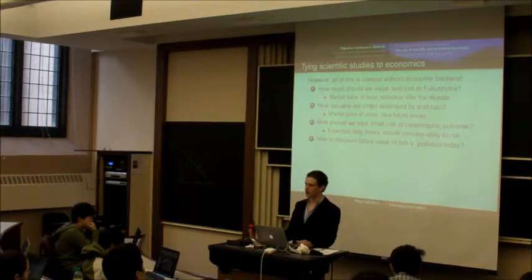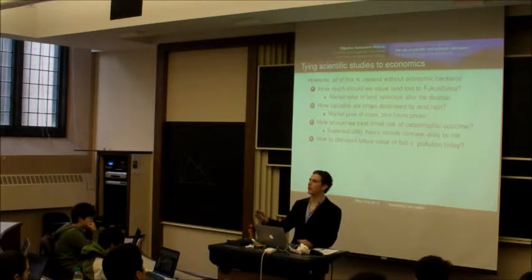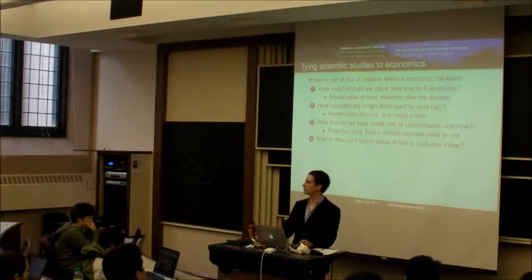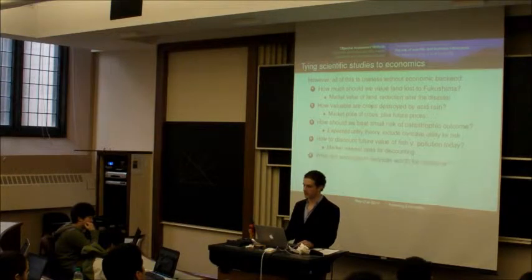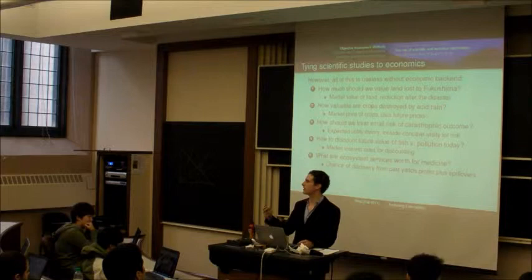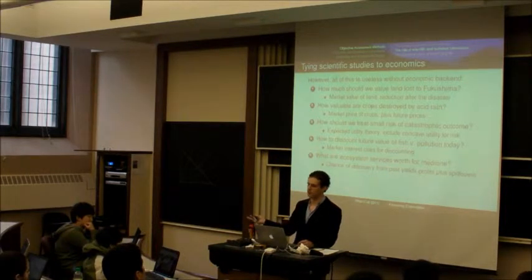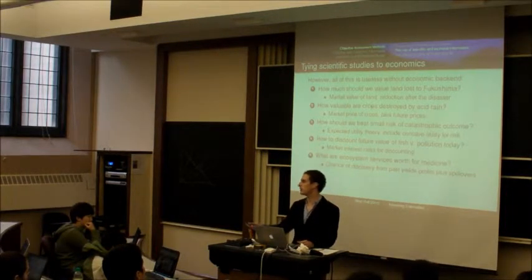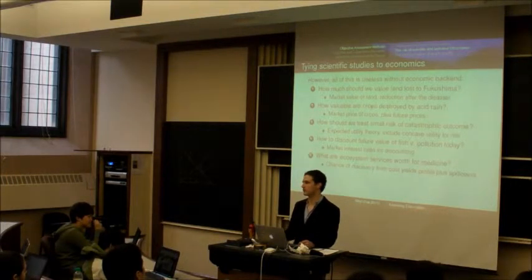If we want to figure out how to discount the future value of reduced numbers of fish versus the pollution value of polluting today, we need to think about intertemporal trade-offs, right? When we think about ecosystem services and what their value is, we need to think of the chance of a discovery of a new medicine, say, based on some animal living in some forest, and figure out what are the profits that will create and what spillovers those will have in terms of consumer surplus.